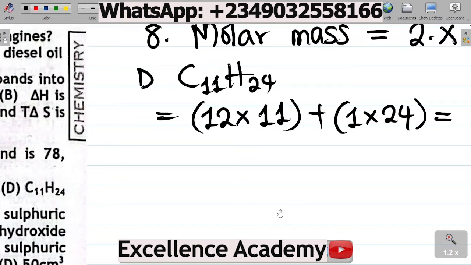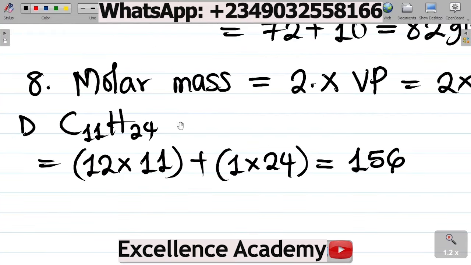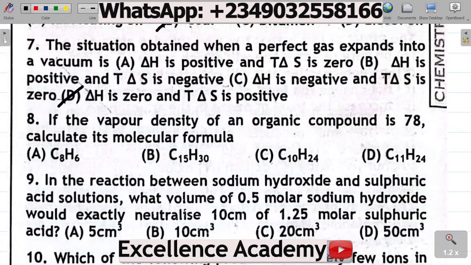Let's sum this up: open a bracket, 12 times 11, close the bracket, plus, open a new bracket, 1 times 24, close the bracket. The answer here is 156. So hence the correct answer is C11H24. So D is the correct answer. All right, moving on.